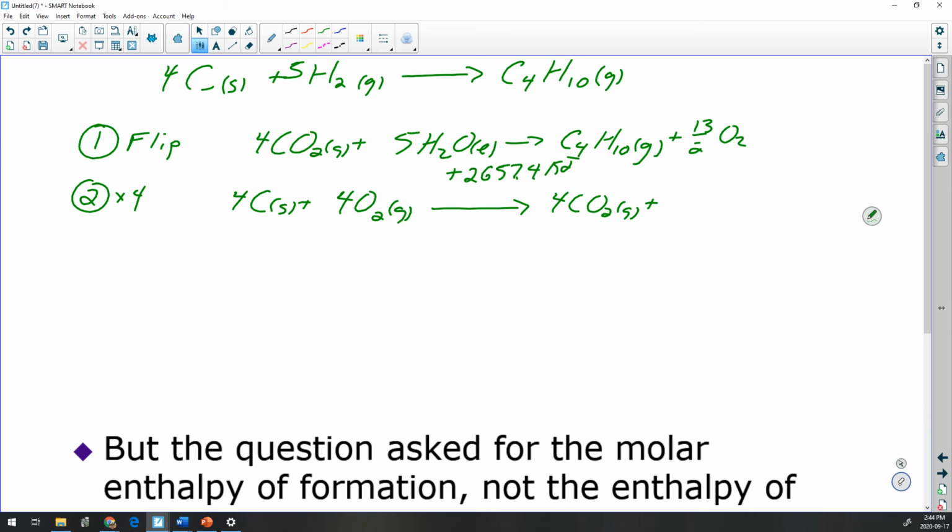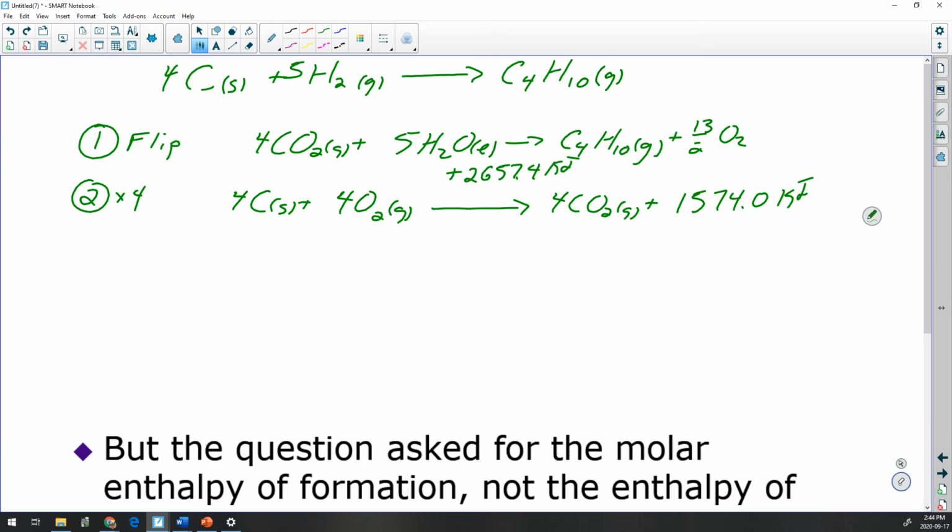Make sure that you're multiplying the energy by that amount.